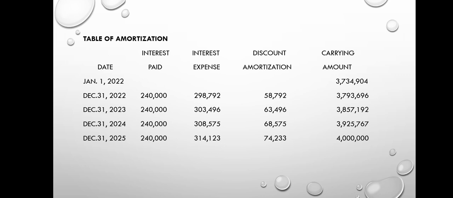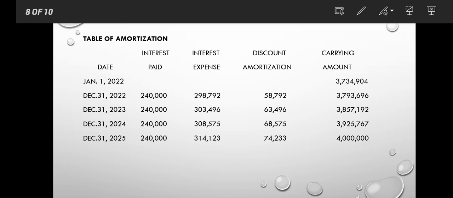And then this is the amortization table of the problem. We have the market price or issue price, which is the carrying amount, 3,734,904, and then the interest paid, which is 240K. We just multiply the face amount by the nominal rate, so it results in 240K. To get the interest expense, we multiply the carrying amount by the effective rate of 8%, so it is 298,792.